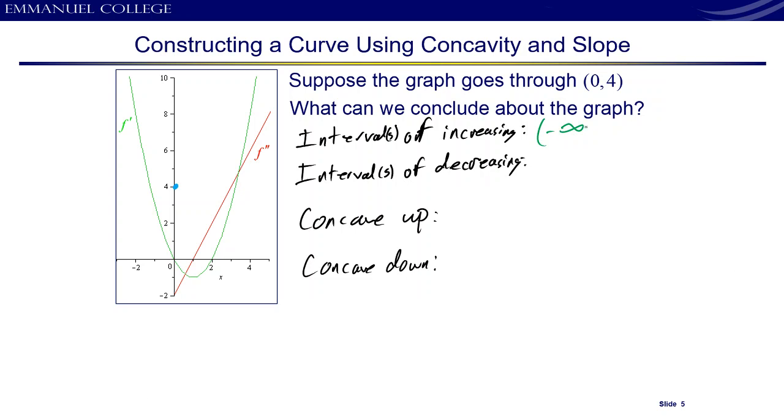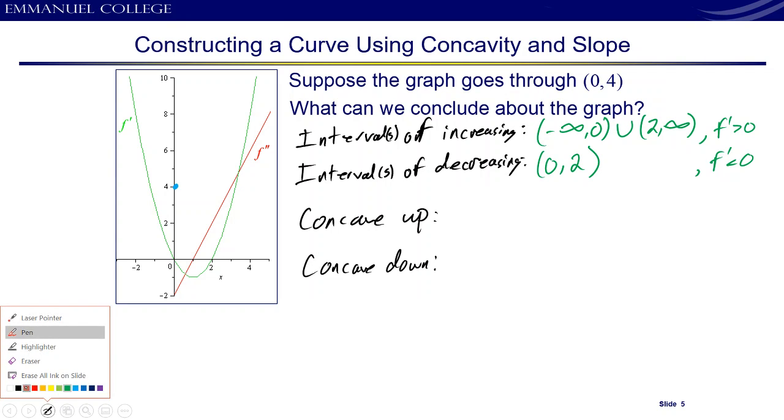So from negative infinity to 0 and from 2 to infinity, the function's increasing. And then it's decreasing when the derivative is negative. So the only place where the derivative is negative is between 0 and 2. So this is where the derivative is greater than 0. This is where the derivative is less than 0.